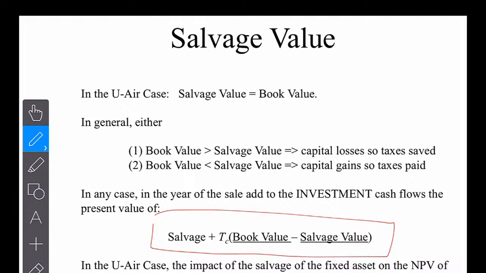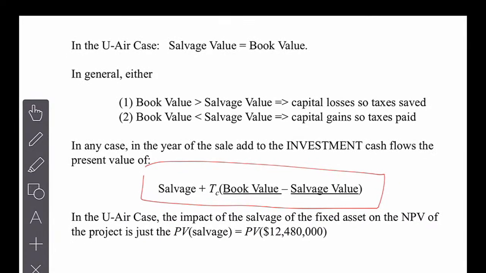We have to figure out the impact of the salvage amount, in terms of cash flow, because we still have some parts of a plane, quite a bit of the value of the plane left. So we can sell it, or we anticipate we're going to be able to sell it.